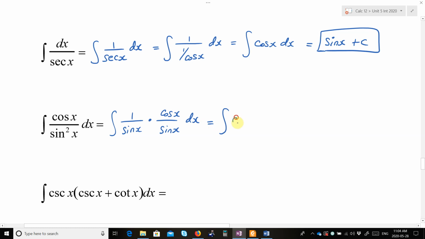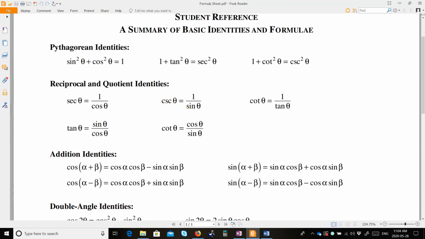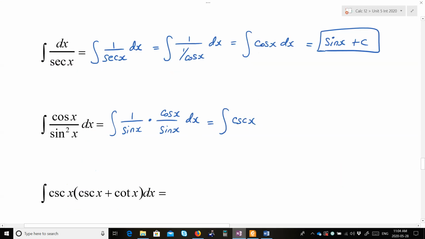And 1 over sine x is cosecant x, if you go and check this out right here, right? And cos x over sine x is cotangent x.